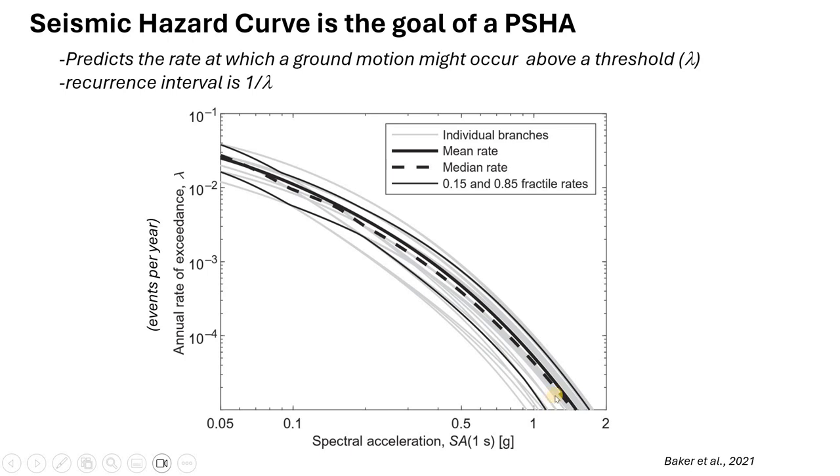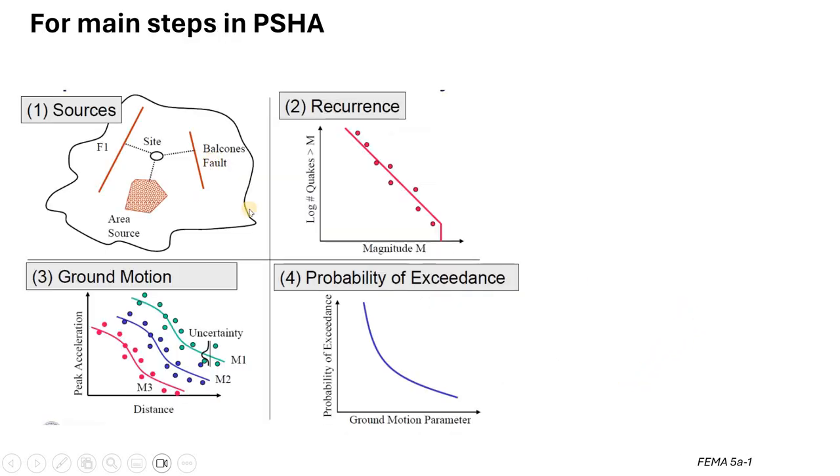What we see is that for large ground accelerations, very violent large earthquakes, those may happen once every 10,000 years. For small events that don't have much ground acceleration, those may happen every few years. So this is what lets us think about how often we should expect the ground to shake in different ways.